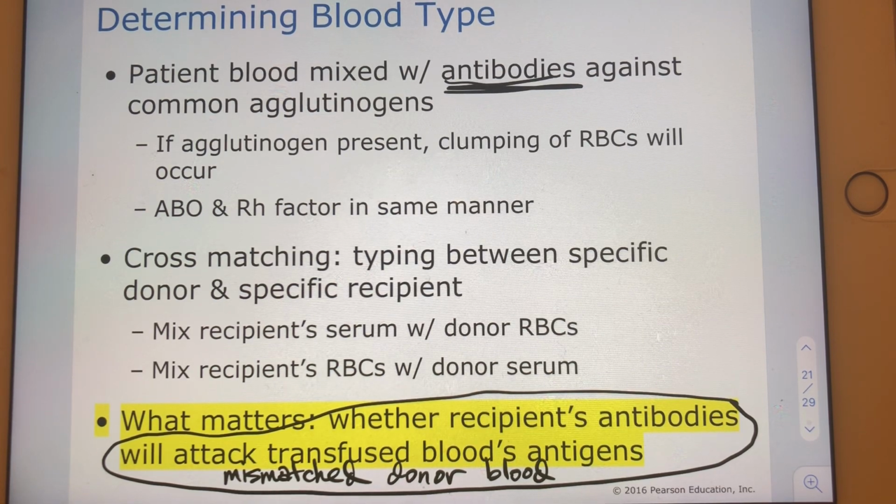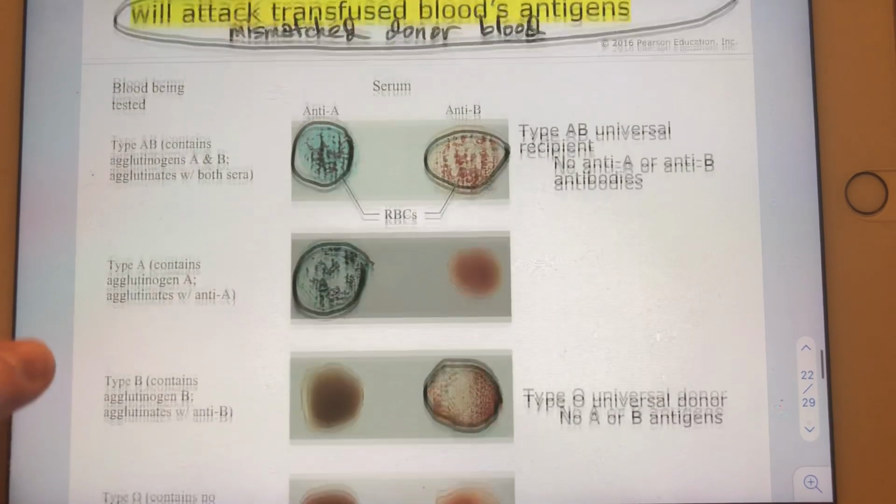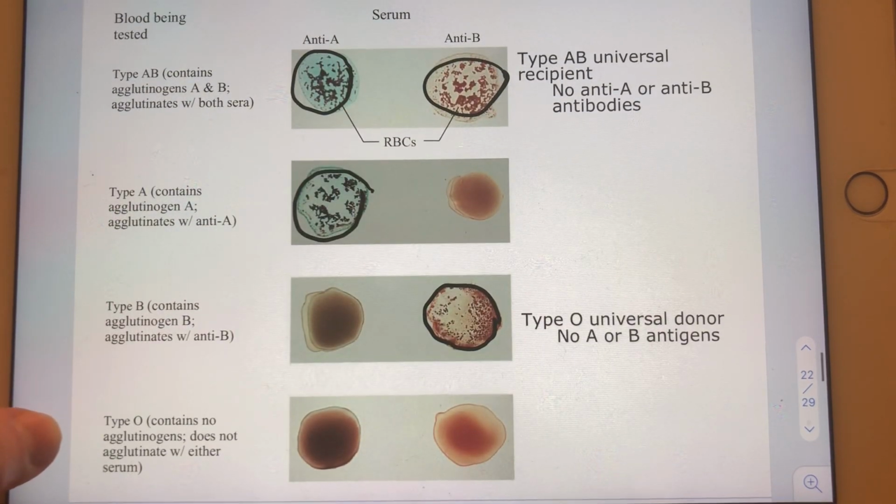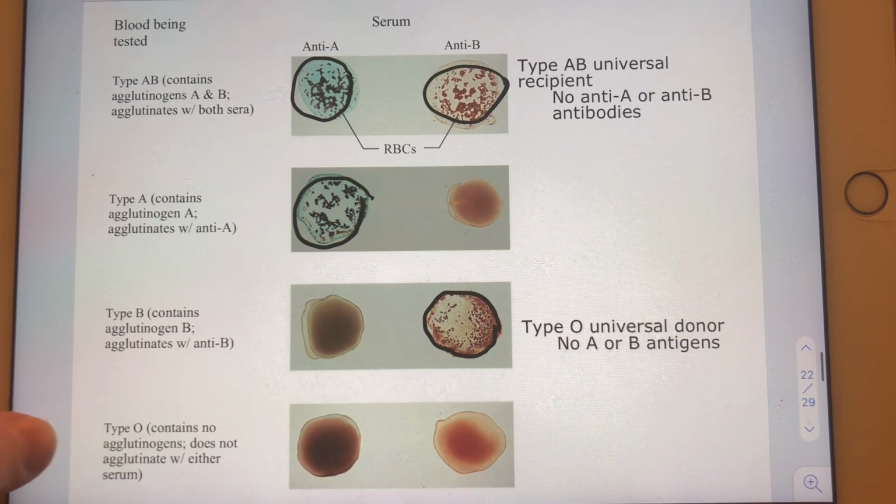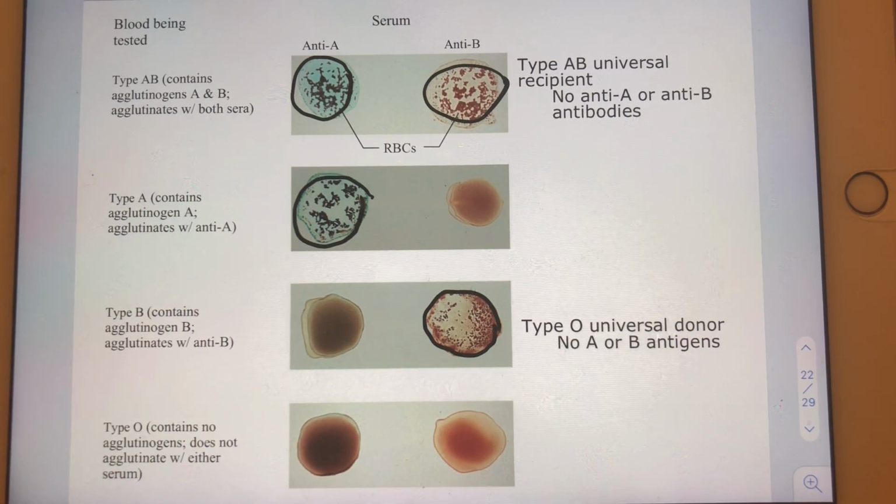All right. Okay. In the next slide, where we have the photos of some blood that is agglutinated, we can see that there's a strong difference, a strong contrast between clumped and non-clumped blood.